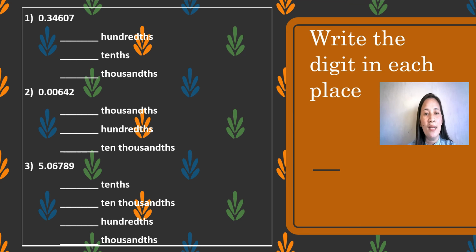So, again, sa bawat place value, isang digit lang. Each digit has corresponding place value. Hindi pwedeng isang digit, dalawang place value, or isang place value, dalawang digit. Tandaan na, isang digit, isang place value. Bawat digit may kanya-kanyang place value.